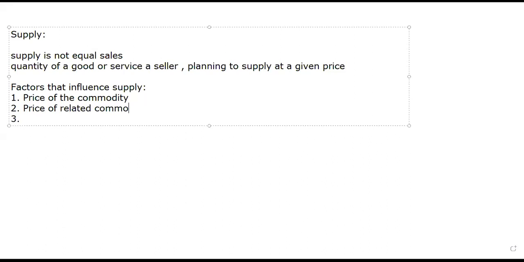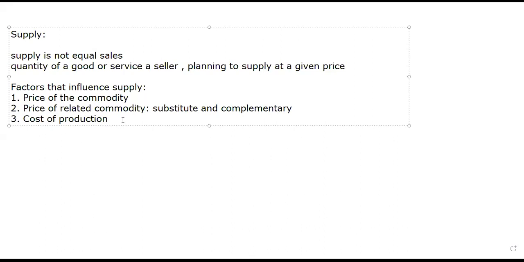Right. Price of the commodity, price of related commodity. Do the prices of substitute goods and complementary goods play a role here? They definitely play a very important role. Substitute good prices and complementary good prices are going to have a serious influence on the supply of a commodity.